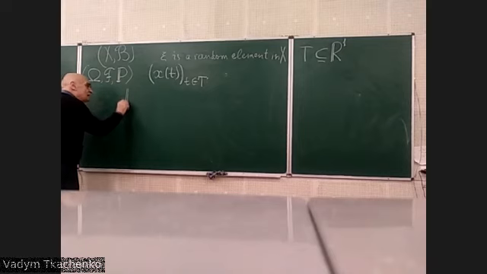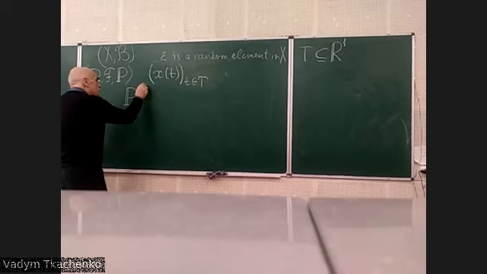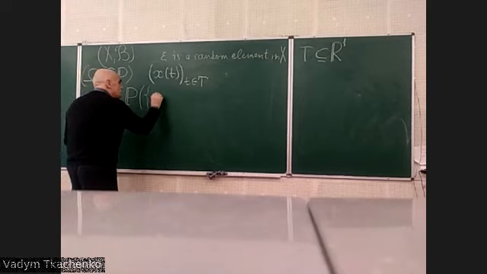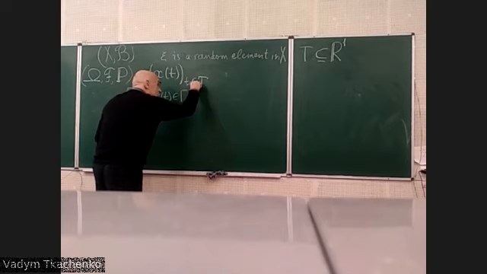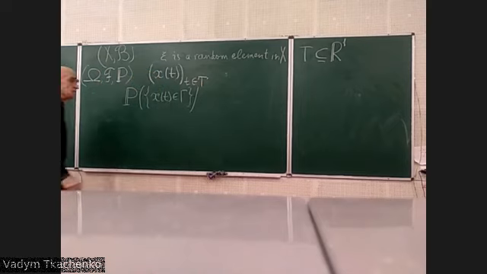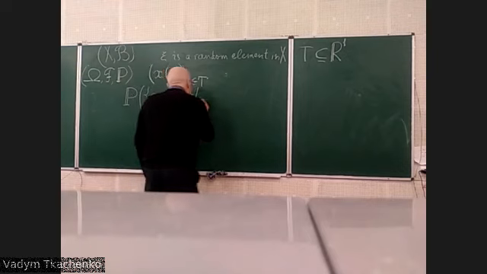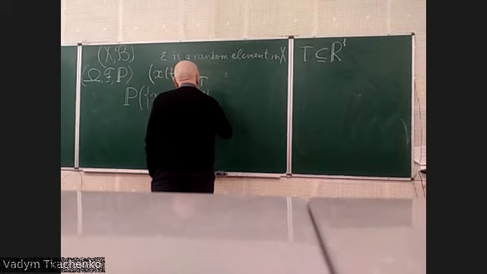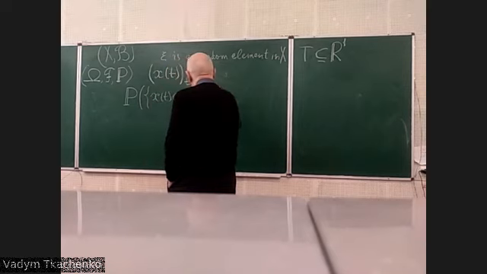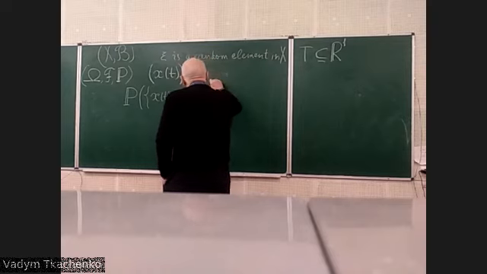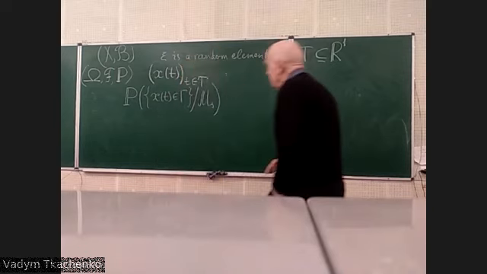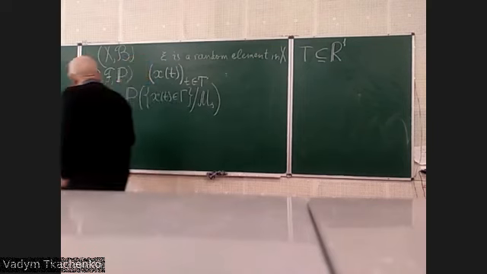If we can calculate the following probability, X(t) belongs to gamma, conditional probability given M_s, I would like to explain what it is.